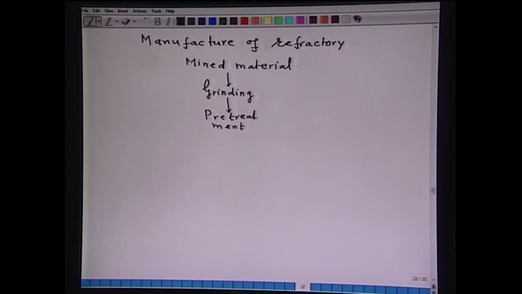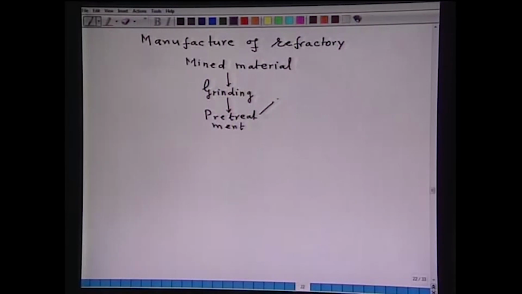Pre-treatment means what? The ground material is heated to a very high temperature. Why? Because materials have different phases at different temperature. There may be allotropic transformation which may be accompanied by volume change.